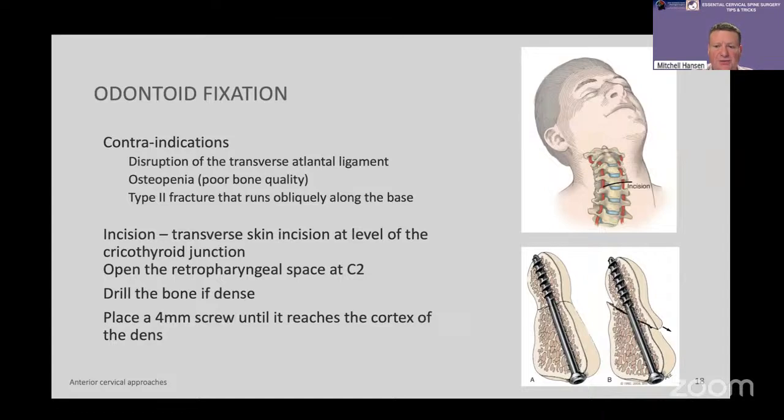Using that lag screw, we can pull the fragment back down and compress this. This is done in acute fractures. It's not an approach that I would suggest for fractures that are weeks old, but the healing time and less muscle disruption on the way in compared to a posterior fusion, certainly in the right patient, can be quite useful.